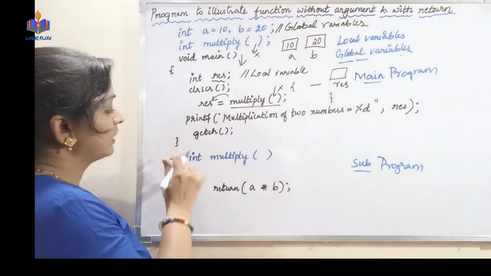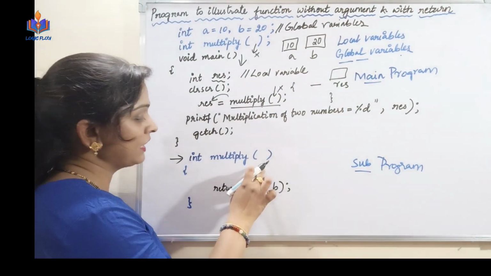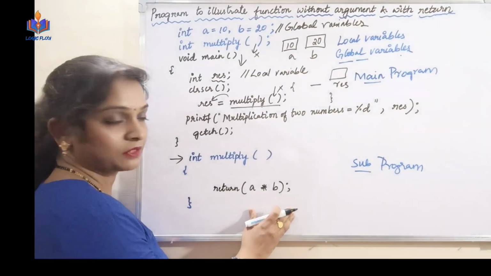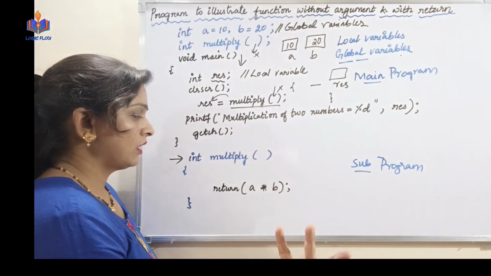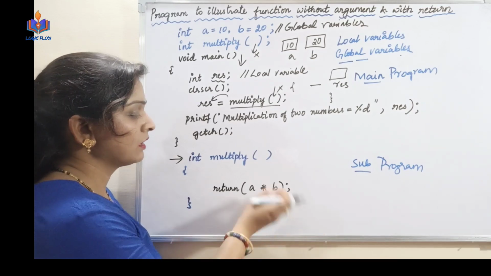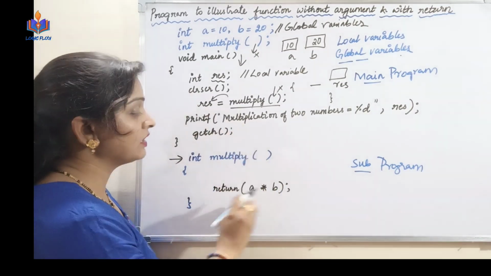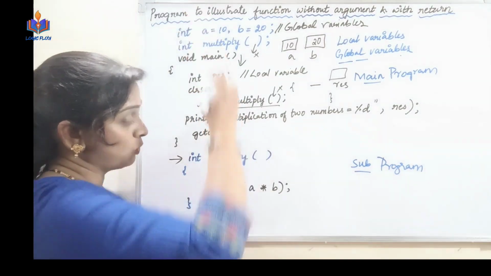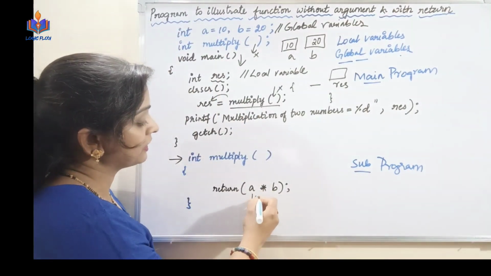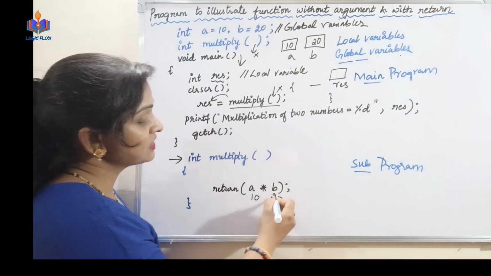Control goes to the definition part, multiply. I say return a into b. If you want, you can have a local variable, compute, and then return that variable, but I don't want to waste memory. I simply compute and then return a into b. So what is the value of a and b? It is accessing the global values. What is a? It is 10. What is b? It is 20.